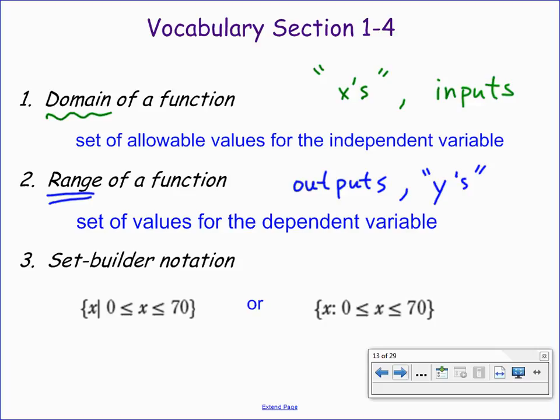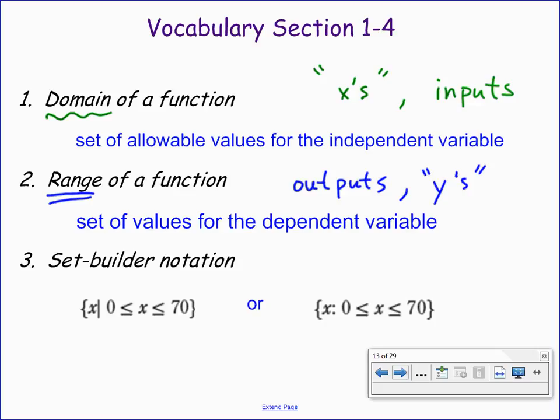Set builder notation is a way that your textbook offers to write a range of values, right? A range of values that are acceptable. In this case, our example says the set of all x values such that x is in between 0 and 70. You could use a mod symbol, that vertical line, or you could use a colon.